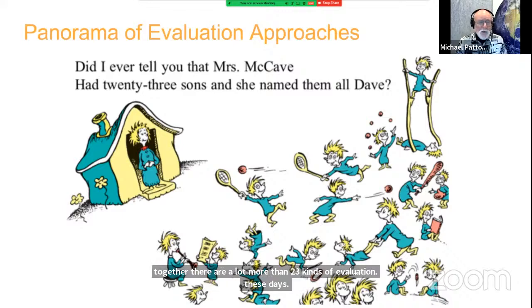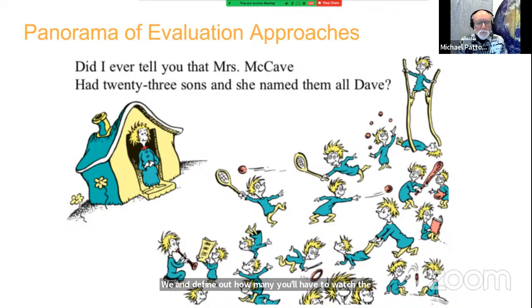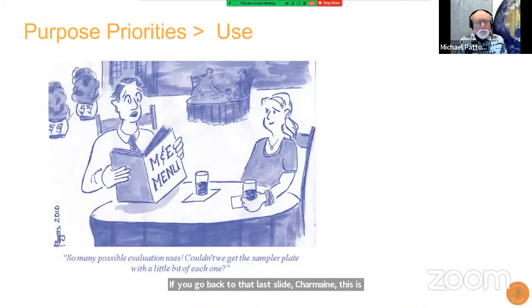To find out how many, you'll have to watch the video. If you go back to that last slide, Charmaine, this is the challenge of so many possible evaluation uses, but the sampler plate, doing a little bit of everything, is not what we're recommending. Do what you do well, do it in depth, and don't make it shallow.